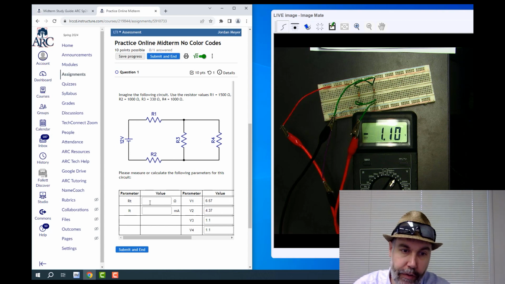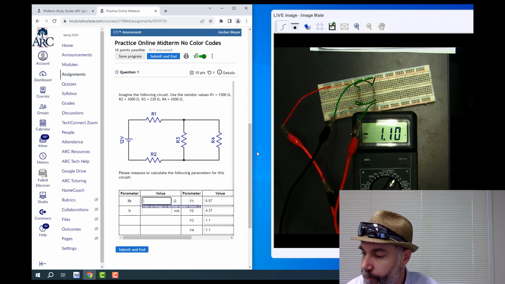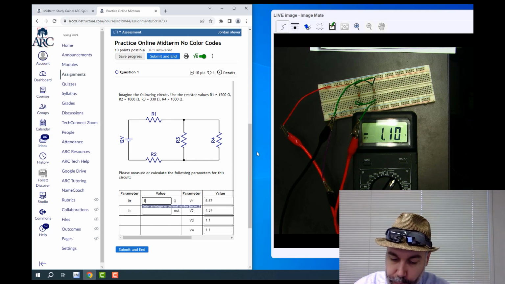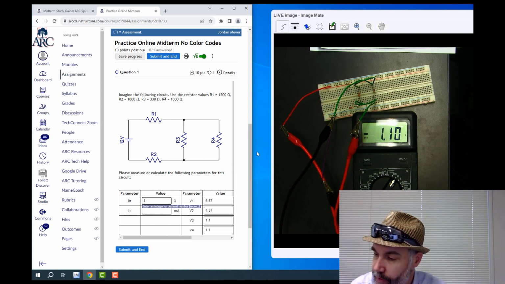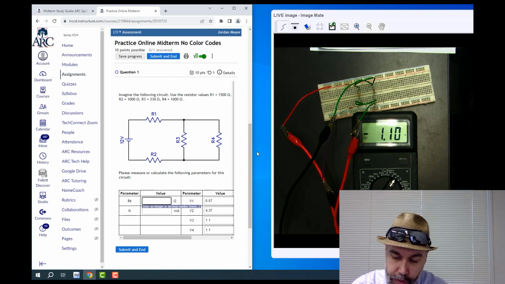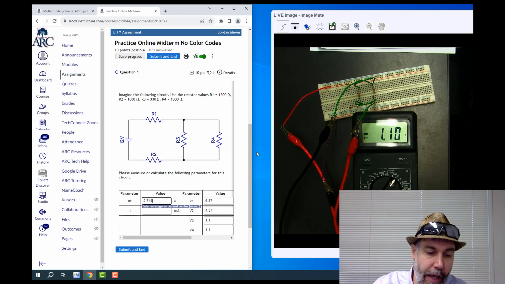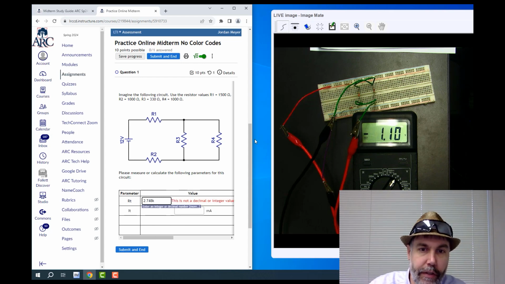And then I measured the total resistance earlier. We said that that was 2.748 kiloohms. Now, if I try to type in K here, this gives me a warning.